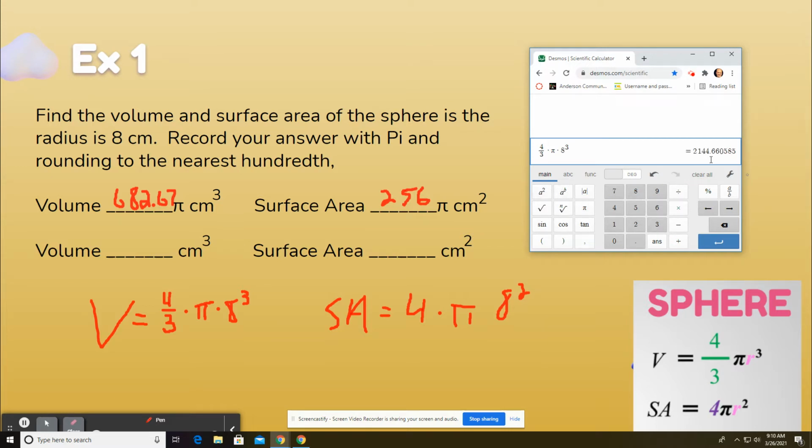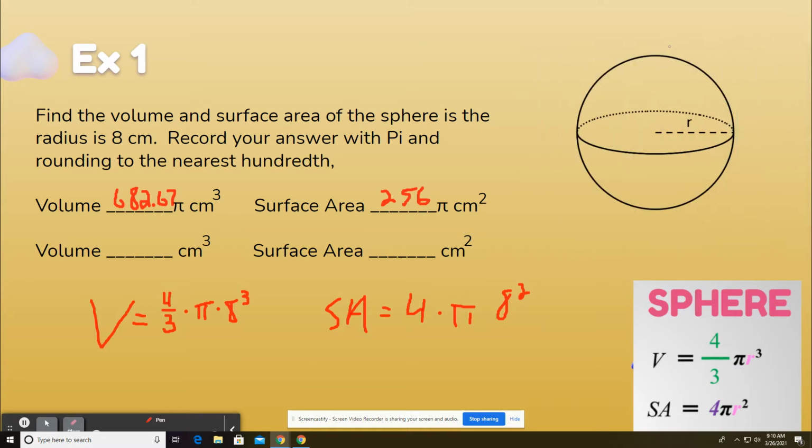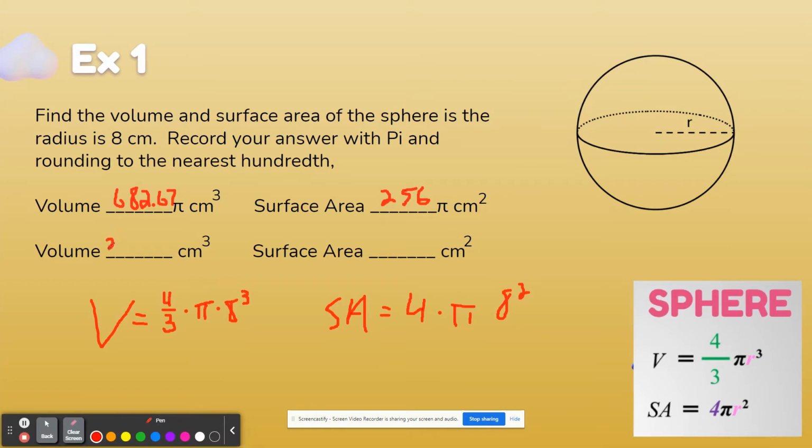That tells you 2144.66. Now notice that this is a 0 here, so we're going to leave it as 66. So we would put here 2144.66.